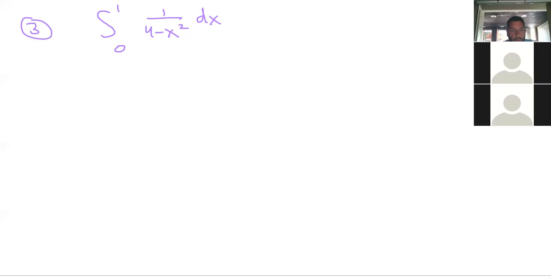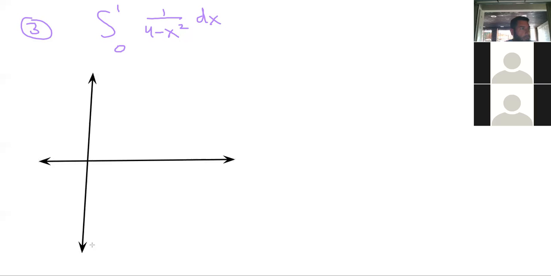Perhaps the best thing you could do is look at the graph. If I look at the graph of this creature, it's going to look like this. We're only interested in what's happening from 0 to 1.